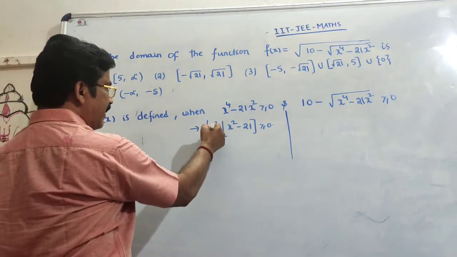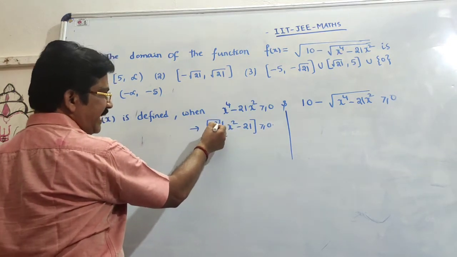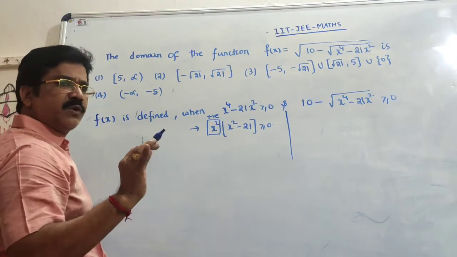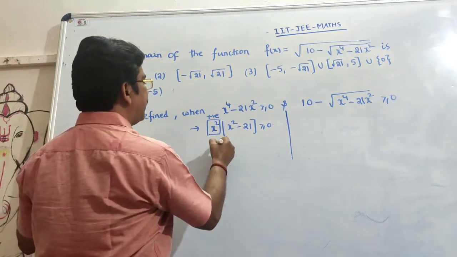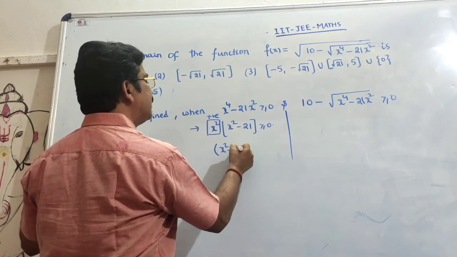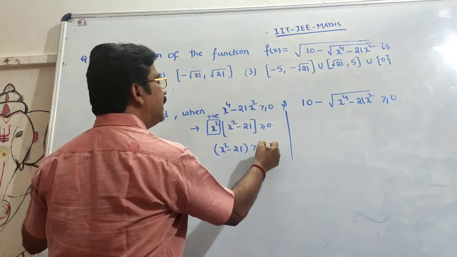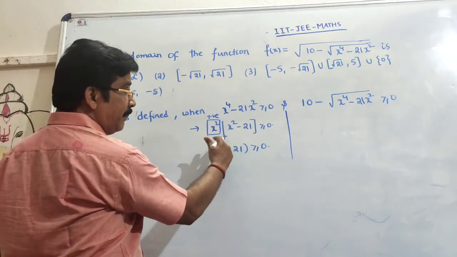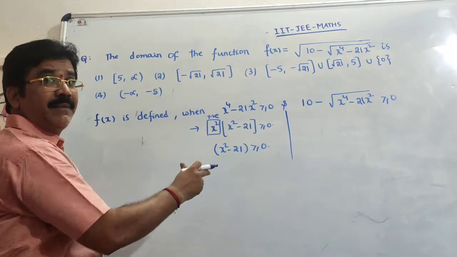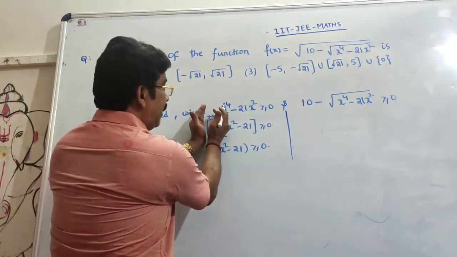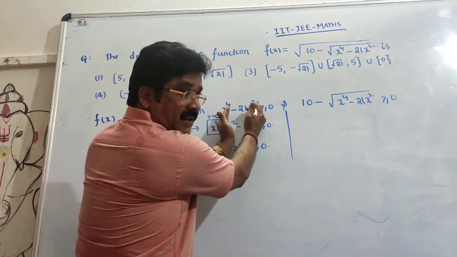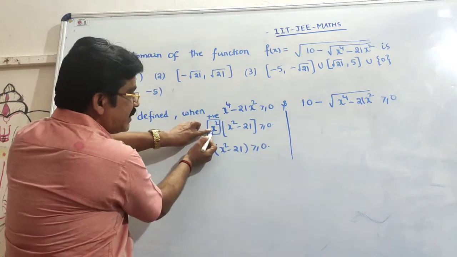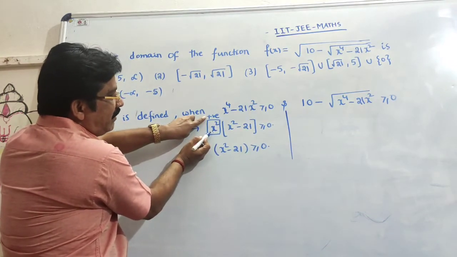Here x² has degree 2, so it is always positive for all x belonging to R. Remember, it is not a division by x² throughout the inequation. This is a product of x² and this term, which should be non-negative. Since x² is already there, it is always non-negative.